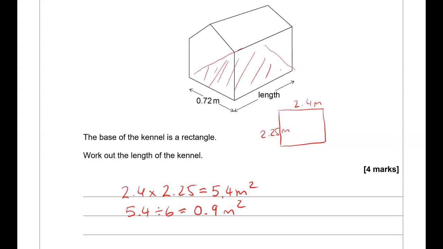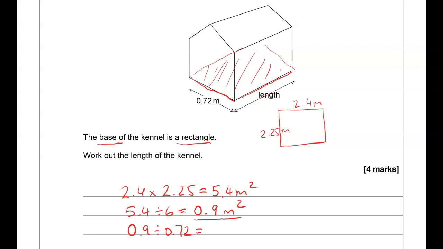So the base of the kennel is a rectangle, and we've got the width given to us, but we don't know the length. So if we know that that area is 0.9, what we can do is 0.9 divided by 0.72 to give us the length, because as you know, we multiplied length by width to get the area.